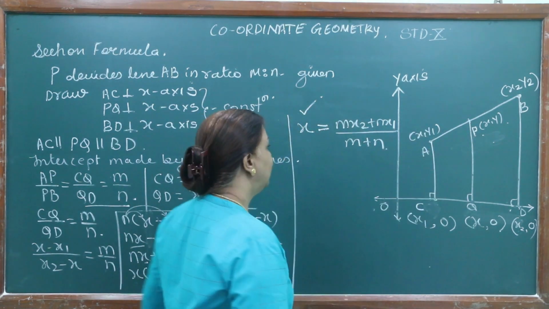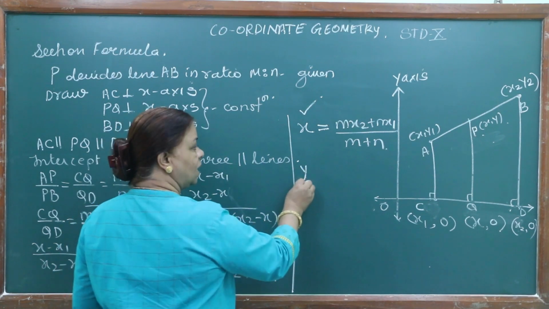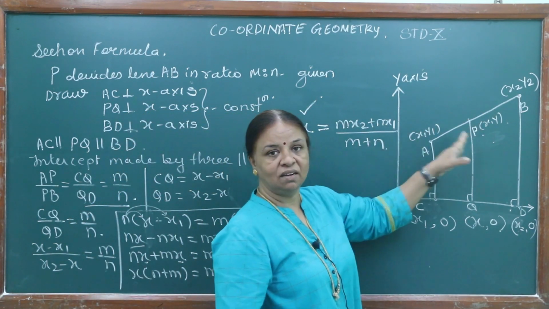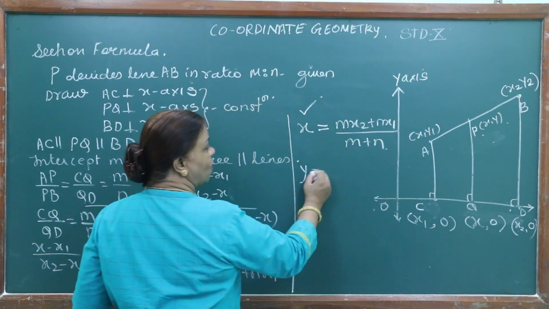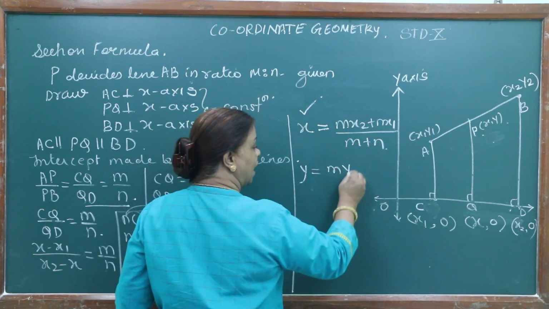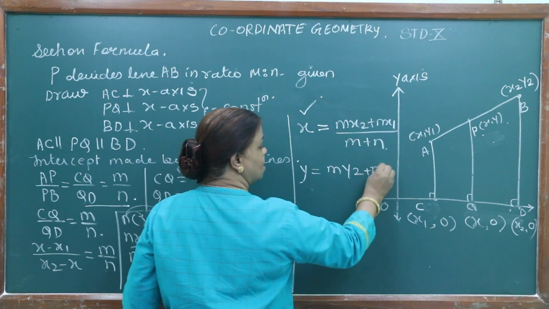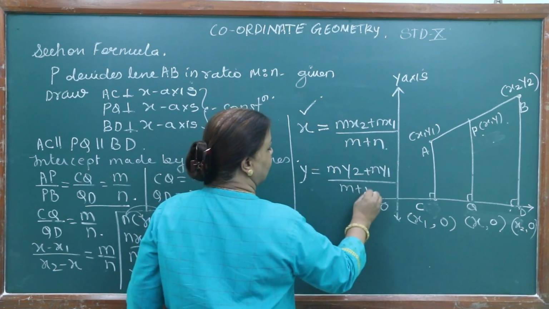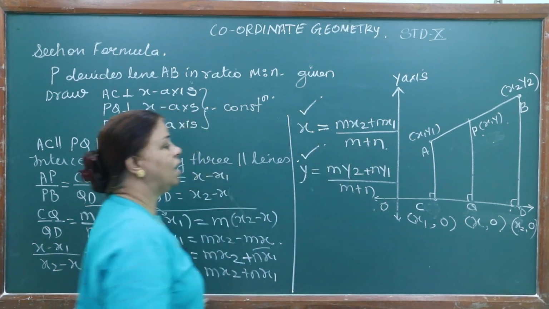Now if you want to find out y coordinate, then you have to draw perpendicular on y axis and you will get the y coordinate. So what will be your y coordinate? my2 plus ny1 upon m plus n. This will be your y coordinate.